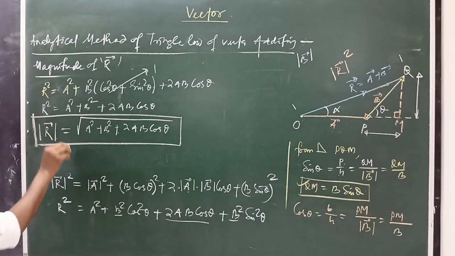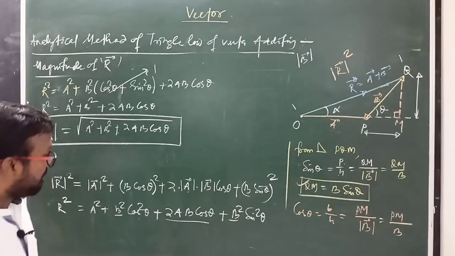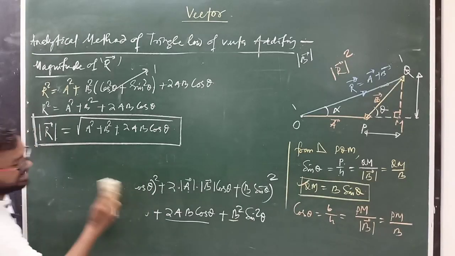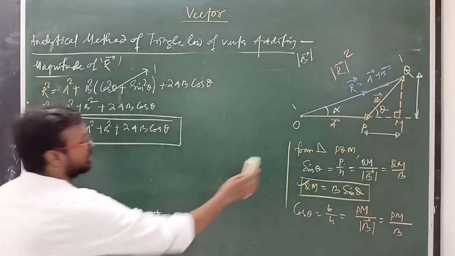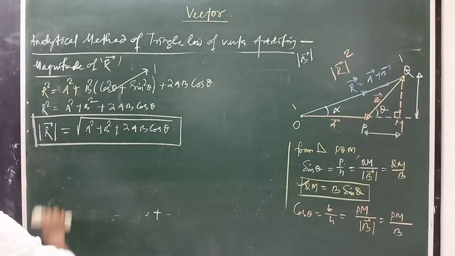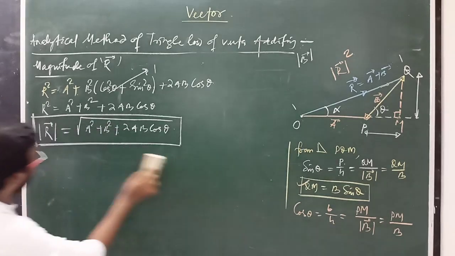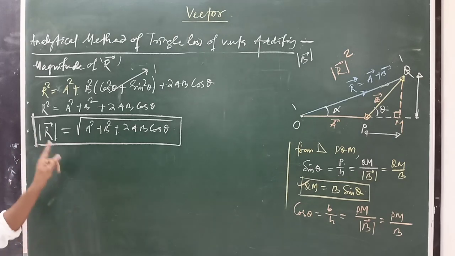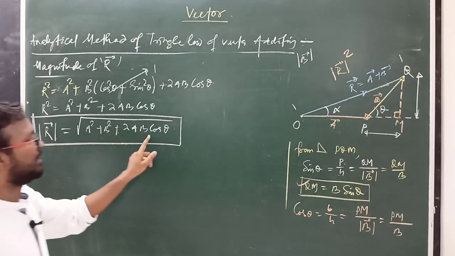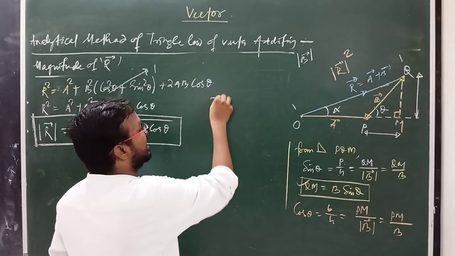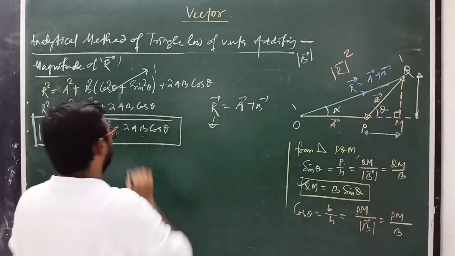How to calculate the resultant of two vectors if they make a certain angle with each other? By using this formula, you can find the magnitude of the resultant vector, means this R vector. Or simply you can write R equals the square root of A square plus B square plus 2AB cos theta, because we have resultant vector equal to A vector plus B vector and its magnitude is this much.